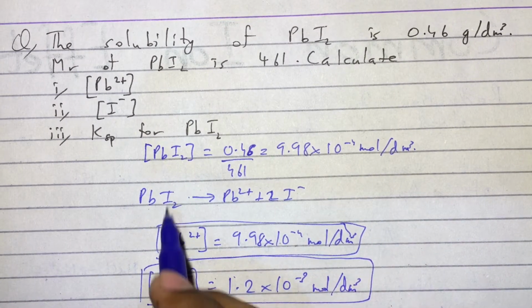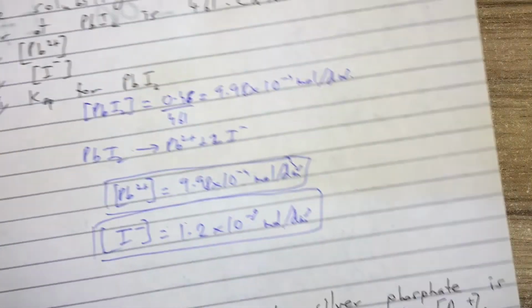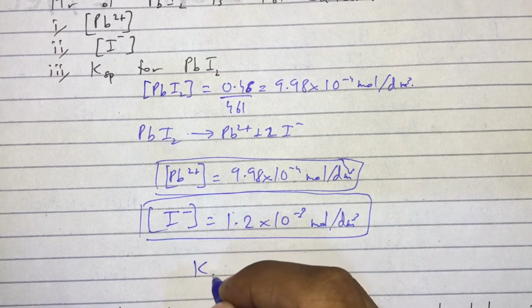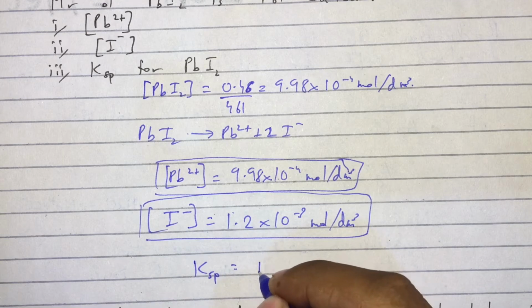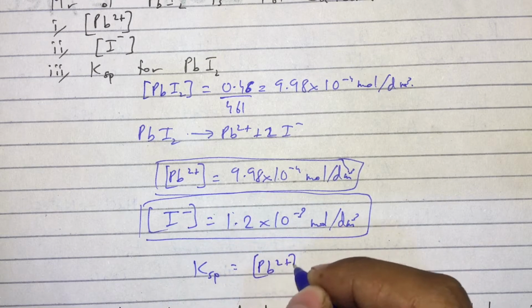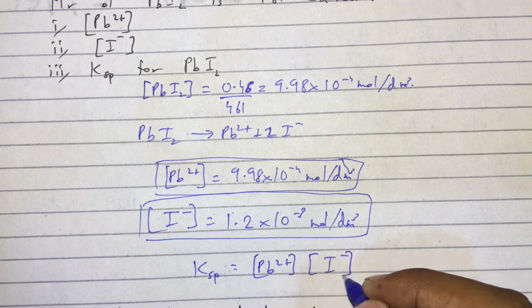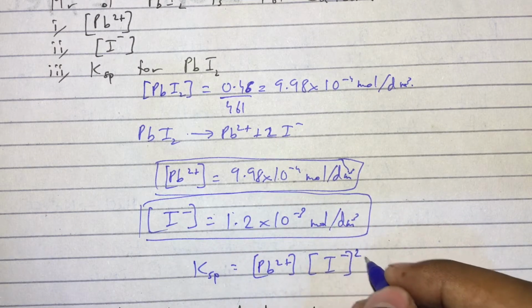And then lastly they're saying find the Ksp for PbI2. So Ksp will be Pb2+ concentration times I- concentration, and because there's 2 moles it will be squared.